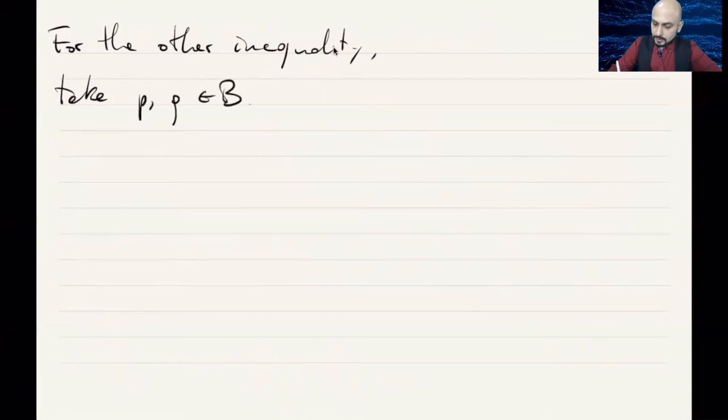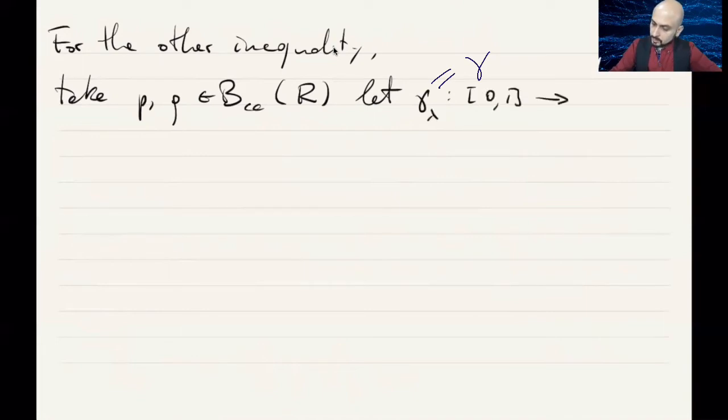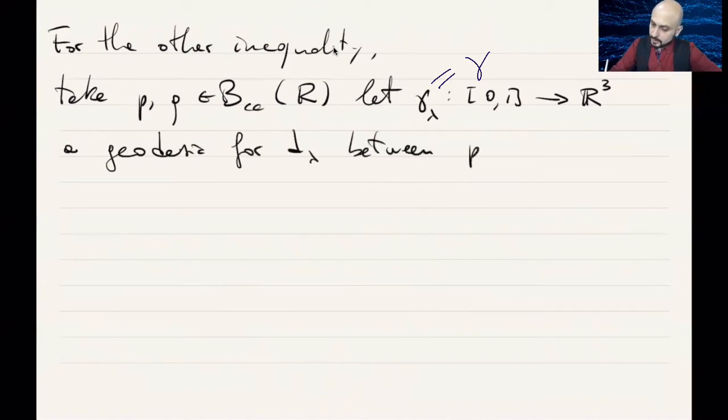Okay, for the other inequality, let's take points P and Q in the Carnot-Carathéodory ball of radius R, and let gamma, which will depend on lambda, from 0,1 into the group G or R3, be a geodesic for the distance d lambda between P and Q. Namely, the distance between P and Q is equal to the length with respect to d lambda of the curve gamma.